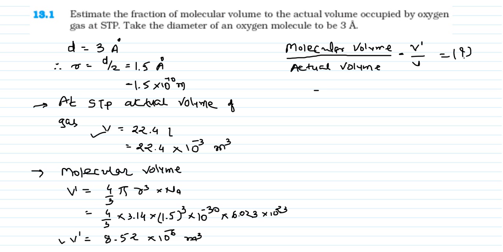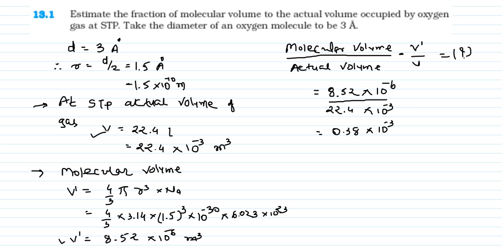Now, we will substitute both values V dash and V into this equation. So, V dash upon V is 8.52 into 10 raised to minus 6 upon 22.4 into 10 raised to minus 3, which is 0.38 into 10 raised to minus 3.